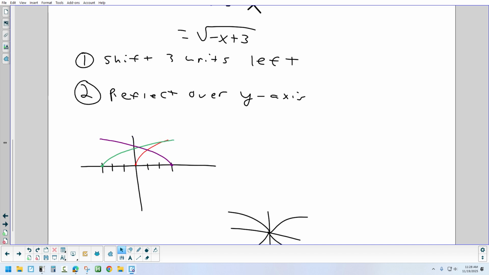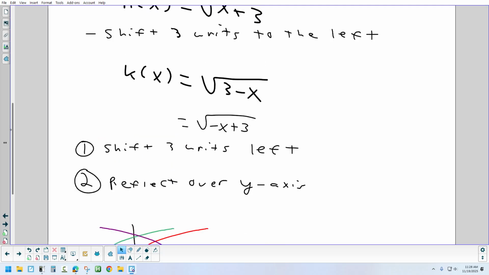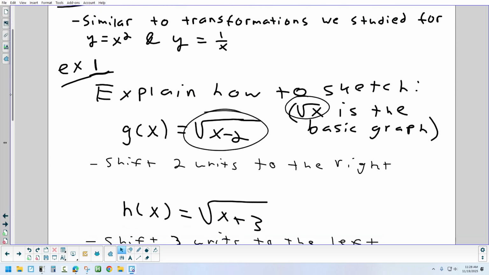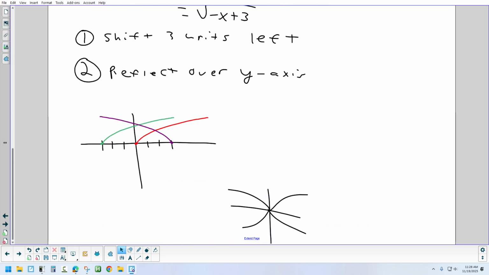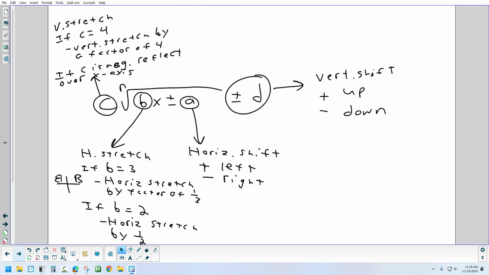So that would squish it by a factor of 2, and then flip. Flipping's the last step, so the flipping would come after the stretching. But that one didn't have any stretching, so did all that.